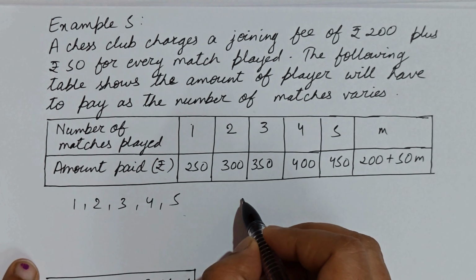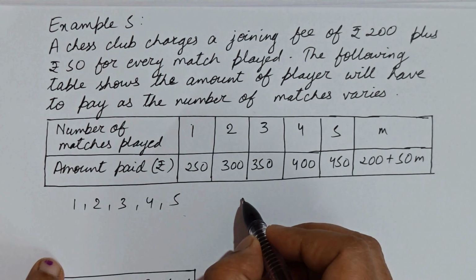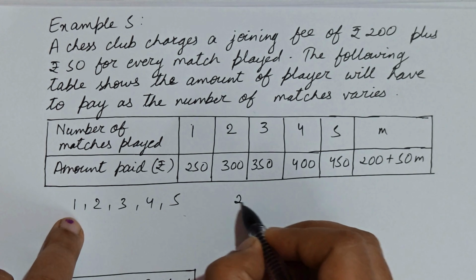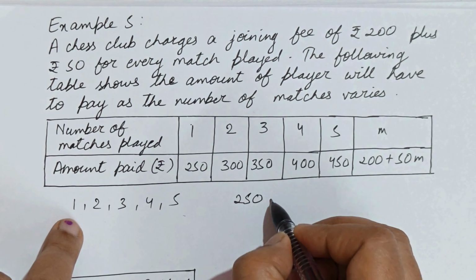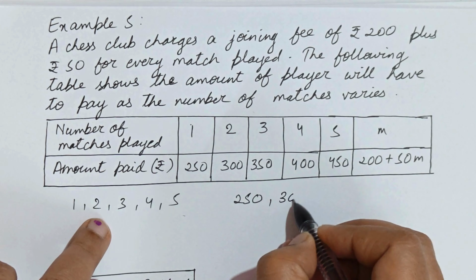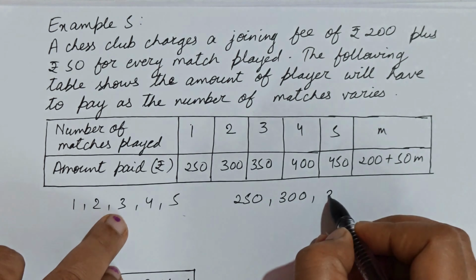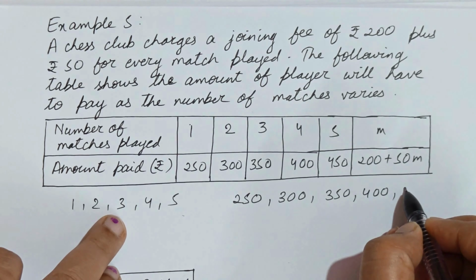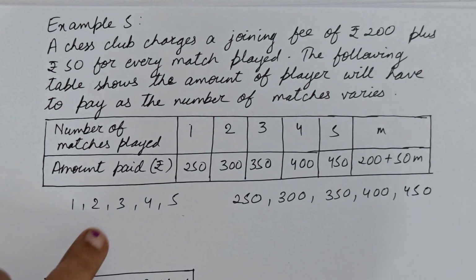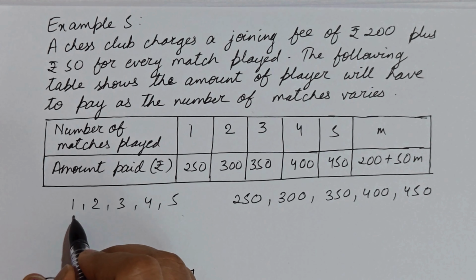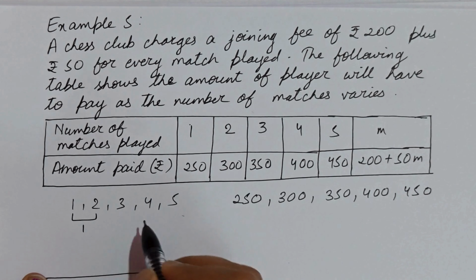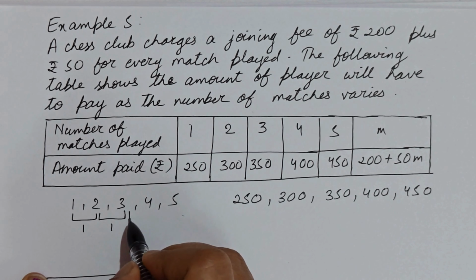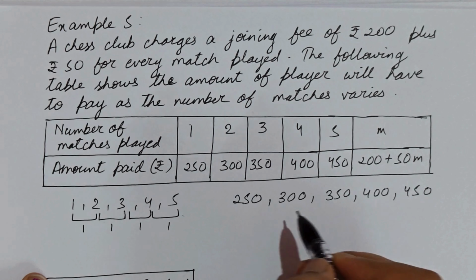Simultaneously, the amount paid for one match is 250, for two matches 300, for three matches 350, for four matches 400, and for five matches 450. You can see a difference of 1, 1, 1, 1.